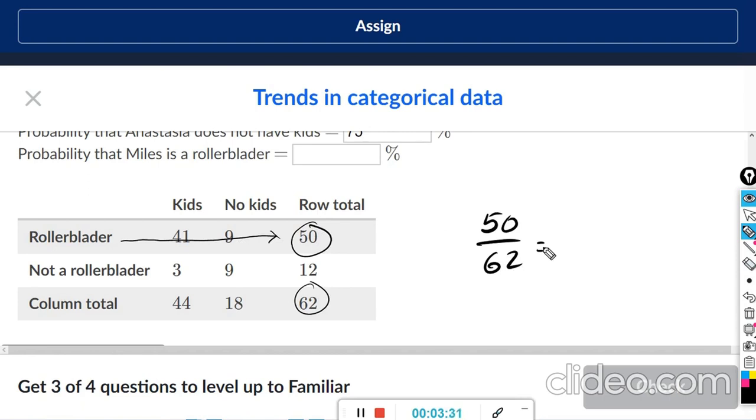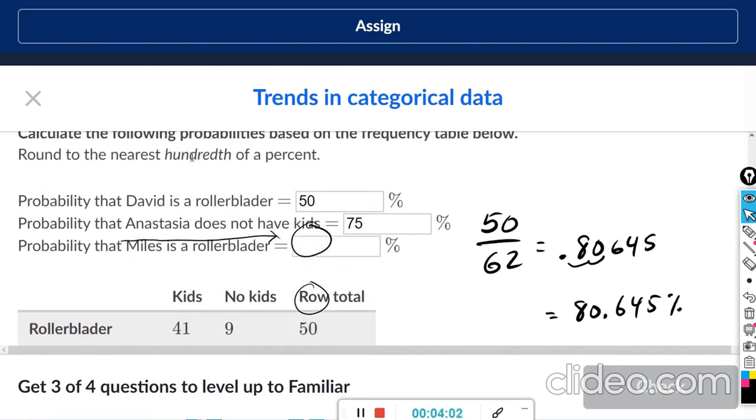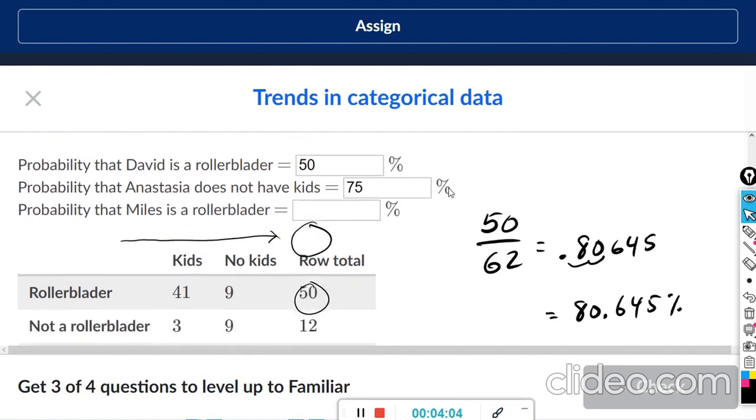In terms of a decimal, that's going to be 0.80645, right? And converting that to a percent, you move it over 2 places. So that's 80.645%. But what they said was round to the nearest hundredth of a percent.